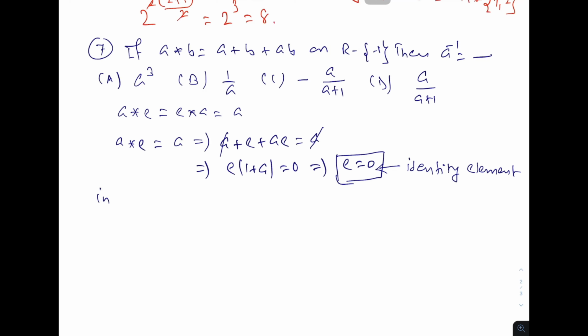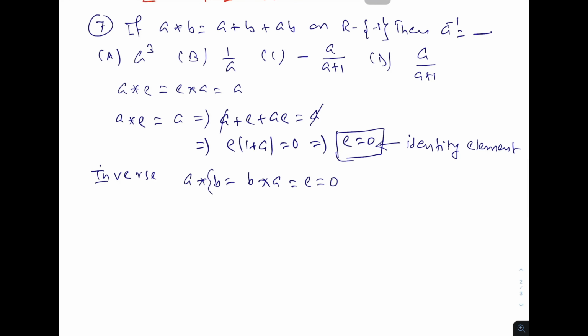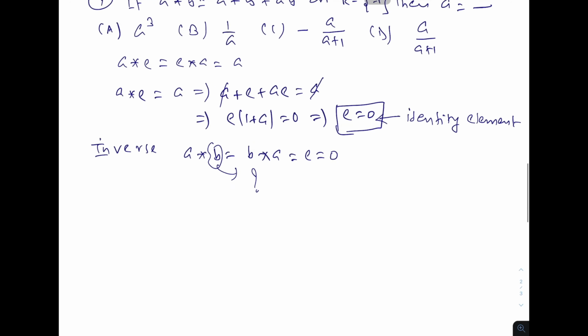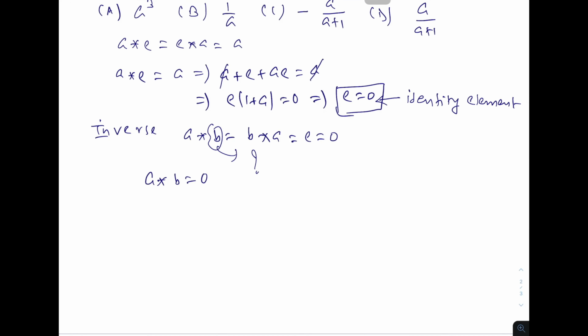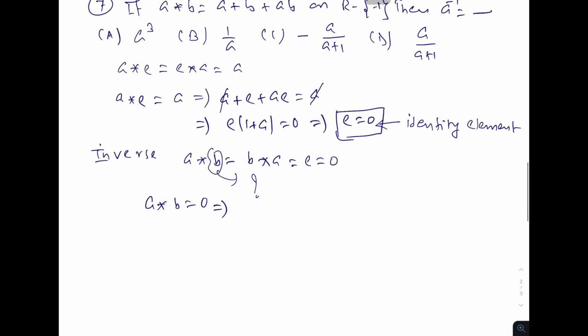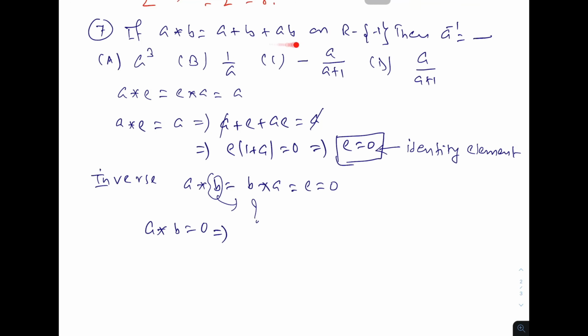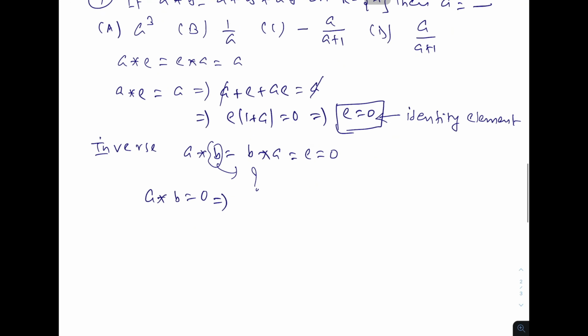Now for inverse, suppose B is the inverse, then we should have A star B equal to B star A equal to E, but E is 0. So our aim is to find out this B. So A star B equal to 0. So this would imply A plus B plus AB is equal to 0.